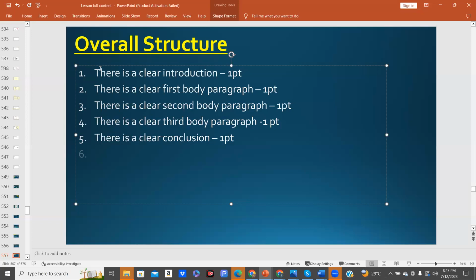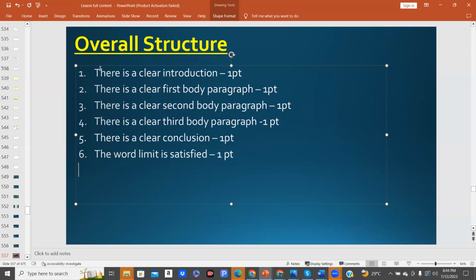And number 6, the word limit is satisfied. One point each.